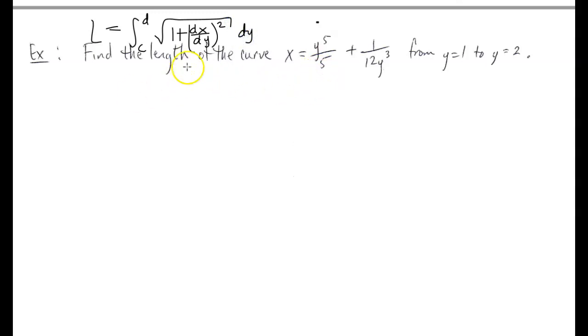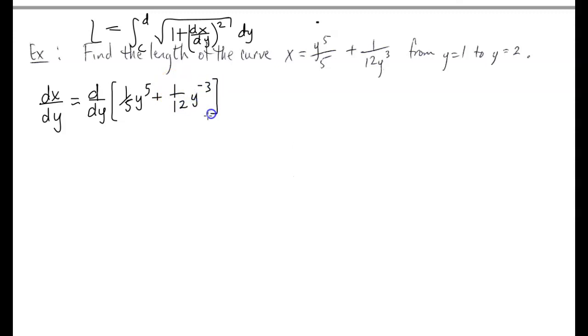So just like how we did before, the first thing we need to do is figure out what the derivative of x is in terms of y. So we say dx over dy is going to be the same as taking the derivative of what we have here. And I'm just going to go ahead and rewrite 1 over 12y cubed. It's just 1/12 of y raised to the negative 3.